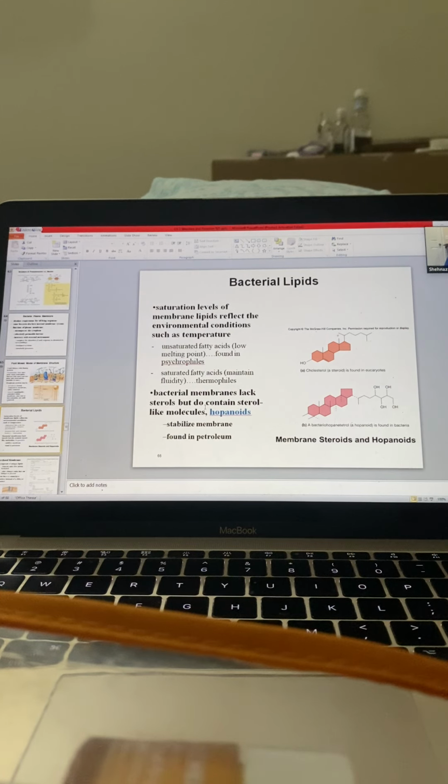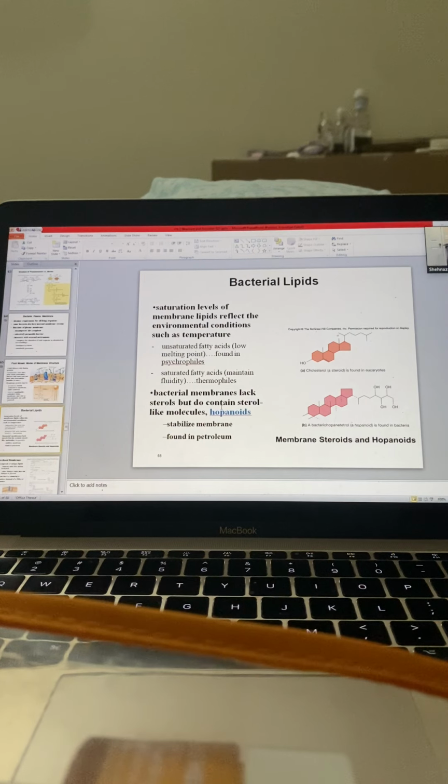One more thing I would like to mention is that bacterial membranes lack sterols. Eukaryotic cytoplasmic membranes have sterols in them, but bacteria do not have true sterols. They have sterol-like molecules, which we label hopanoids.